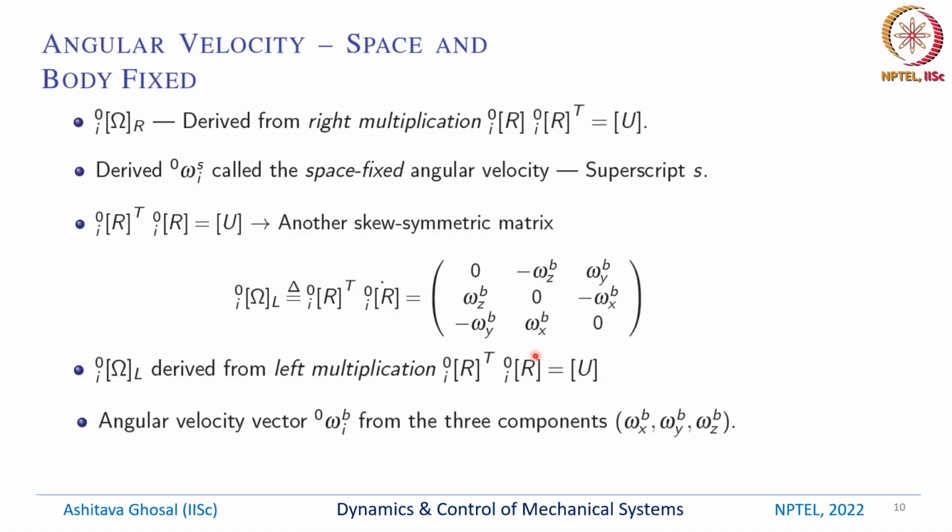And the angular velocity vector which you obtain from the skew-symmetric matrix from left multiplication will be denoted as omega xb, omega yb, omega zb. Previously there was a superscript of s, now there is a superscript of b, just to distinguish the two ways in which we derive the angular velocity vector.